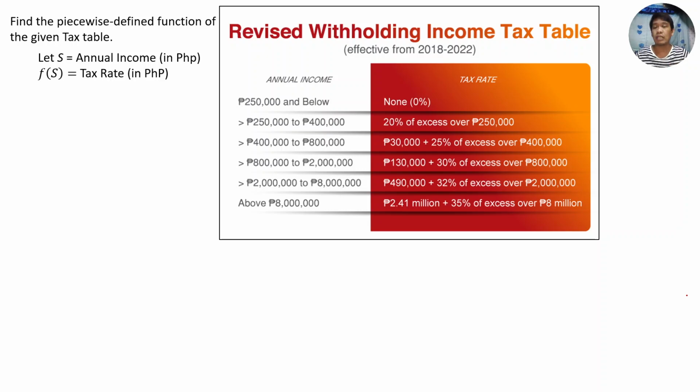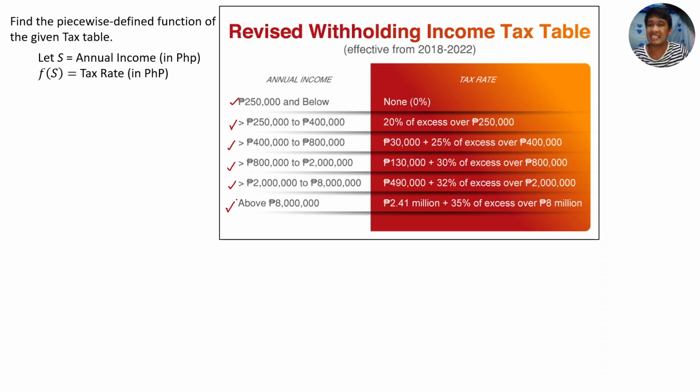So, this is subdivided. Di ba from the word itself kanina, pag sinabi nating piecewise defined function, piece by piece, hinahati siya for a given interval ng domain. So, hati-hatiin daw natin siya into how many? We have 1, 2, 3, 4, 5, 6 pieces of functions.